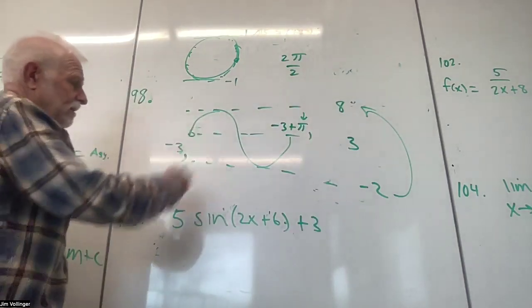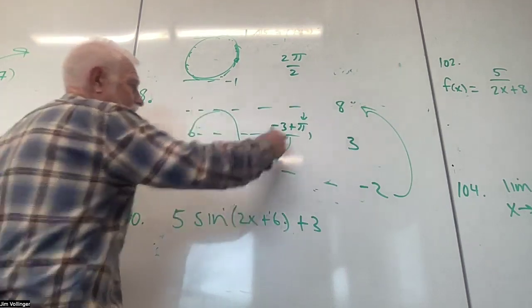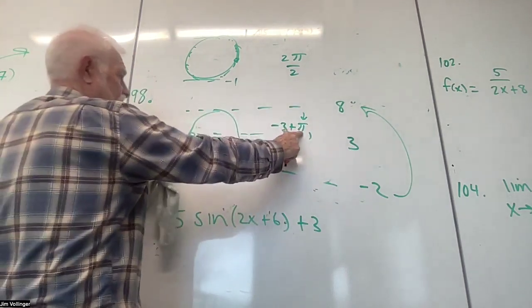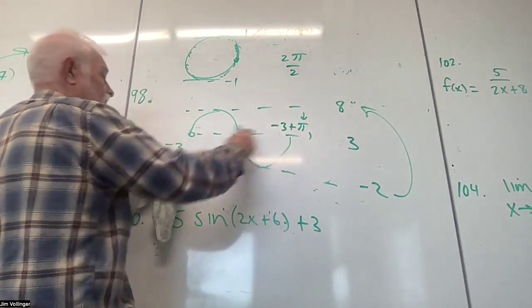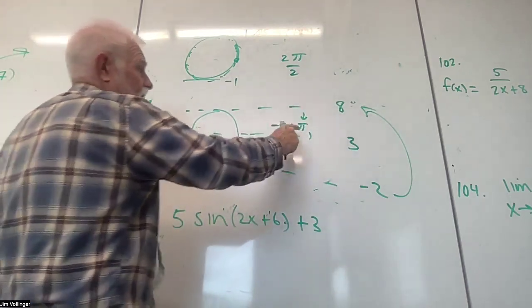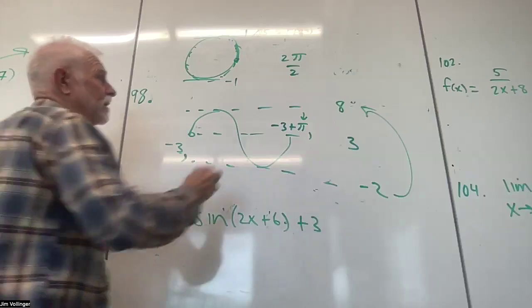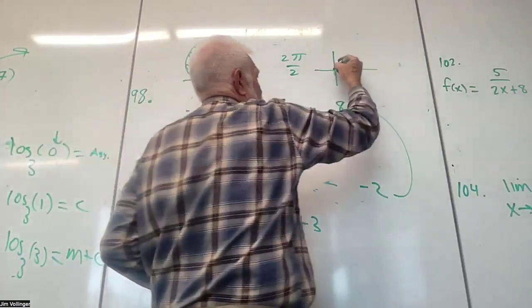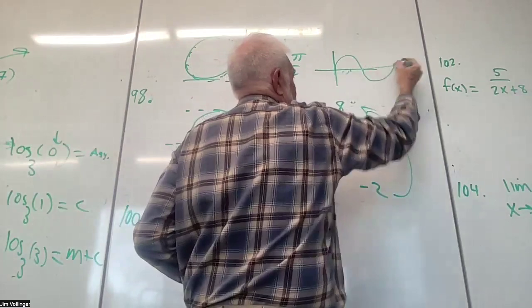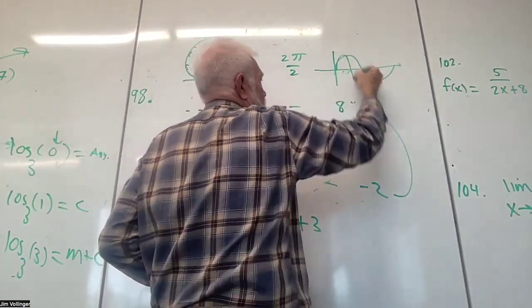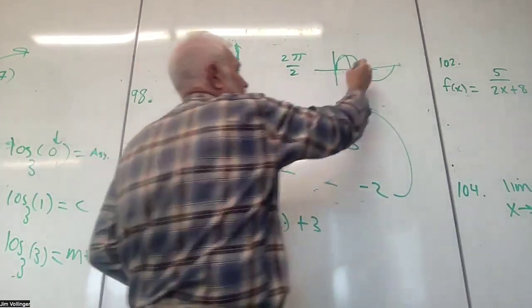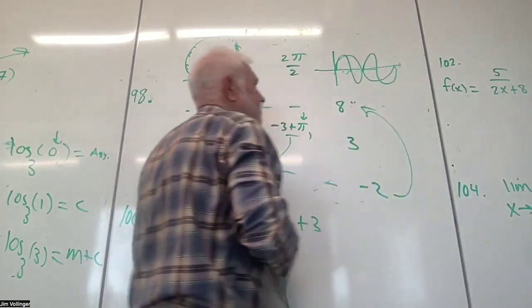Okay, so those are the hard things: knowing where to start, what the shape is, and finding the period and adding the period to the starting position. So every 3.14 units instead of every 6.28. Every 6.28 might look like this. Every 3.14 looks like that, and then another one like that.